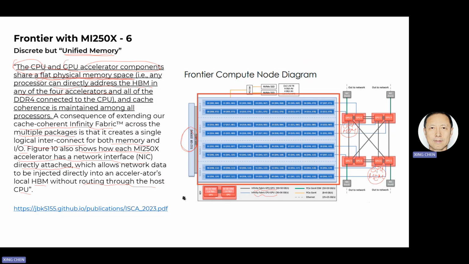But here comes the MI250. There is one key point that makes the MI250 logically nearly the same as the MI300A. Because the MI250X also has a unified memory, even though the memory is discrete. That means you have this 512 gigabyte memory, and you have the discrete GPU memory attached to each GPU.